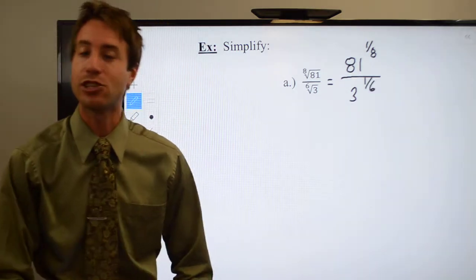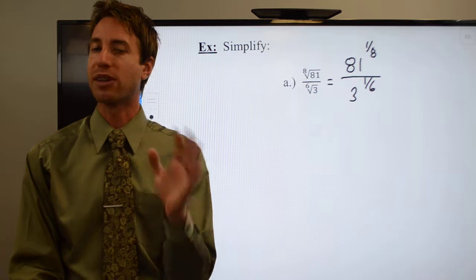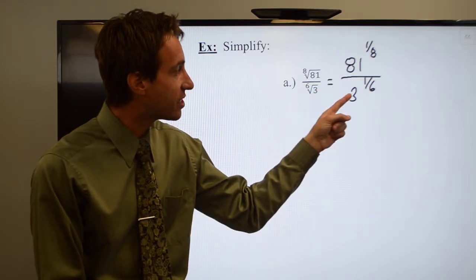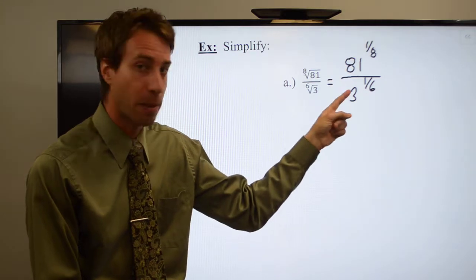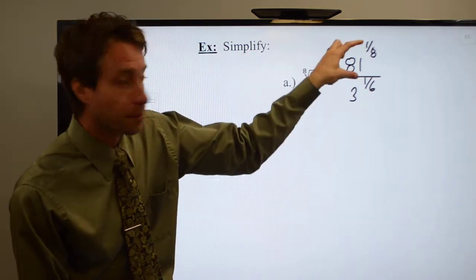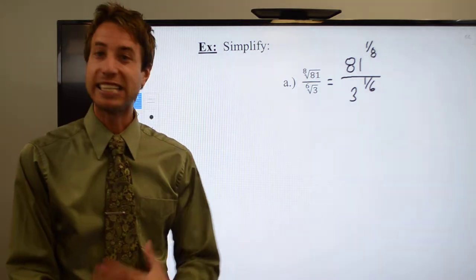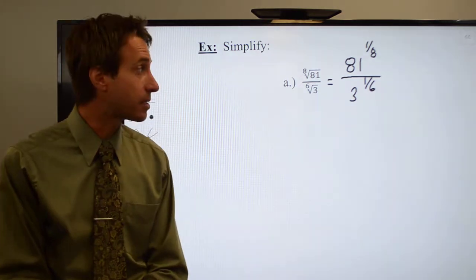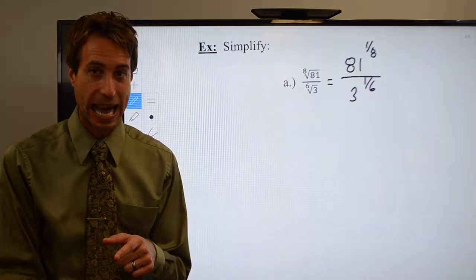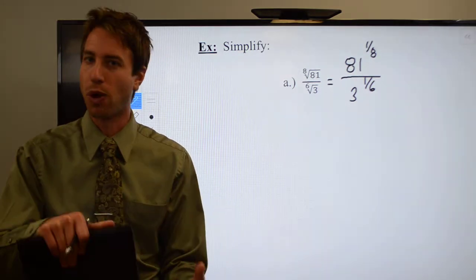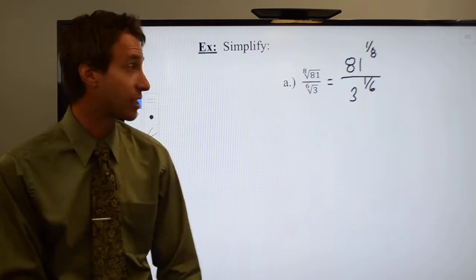Now again, the way the quotient property of exponents works is this: if you have the same base, top and bottom, we can subtract the exponents. Well, I don't have the same base, at least not yet. You can use your calculator to figure out what these are going to be, because they'll always work this way.